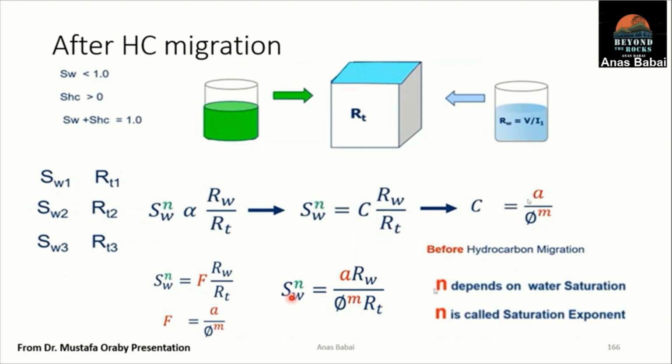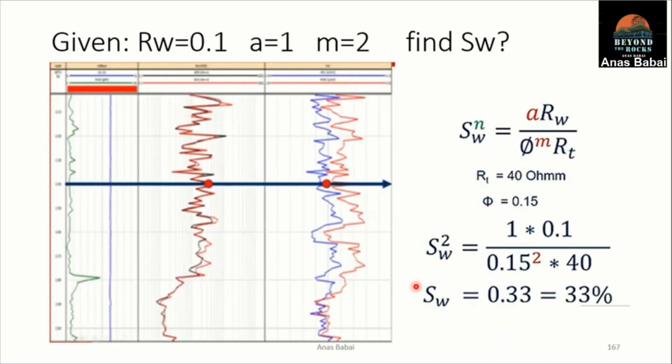The general value for that is 2, so that's why most of the time you will find the Archie equation as the water saturation equal to the square root of this value, for simplicity.